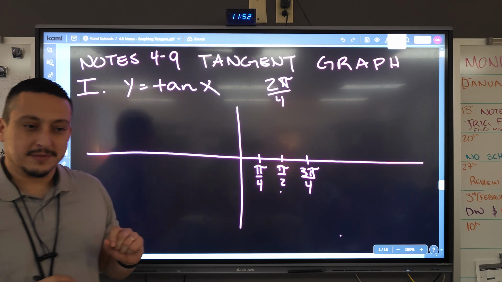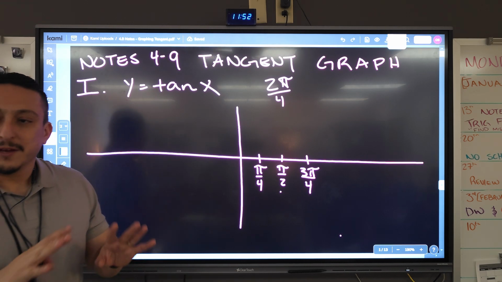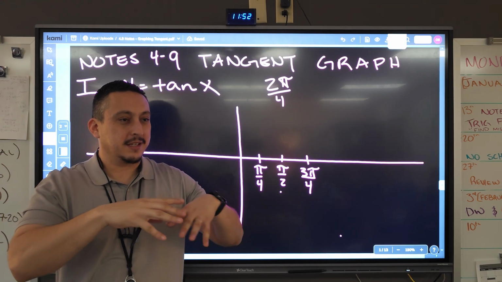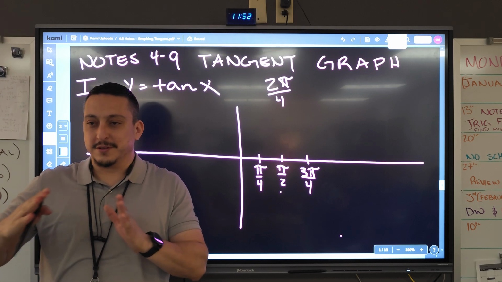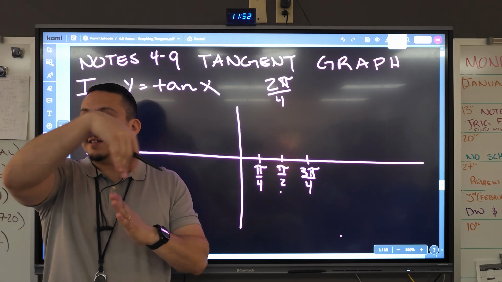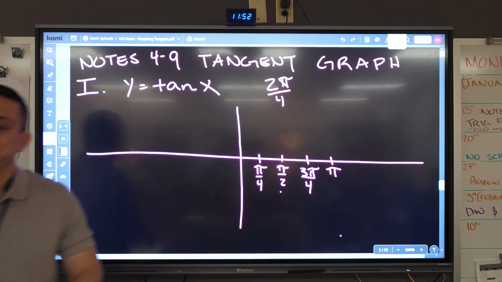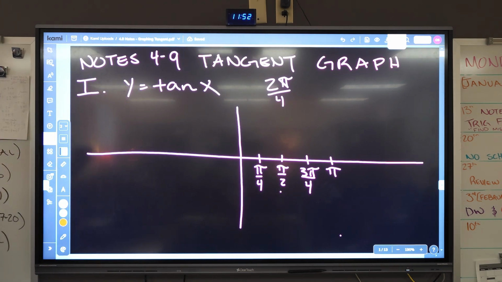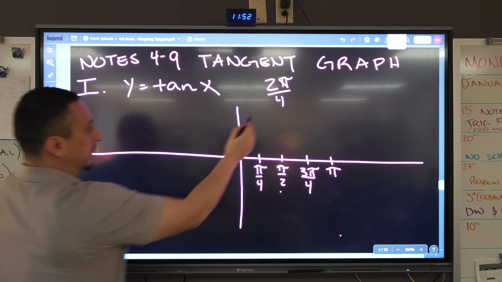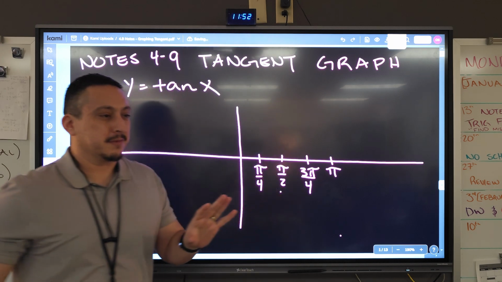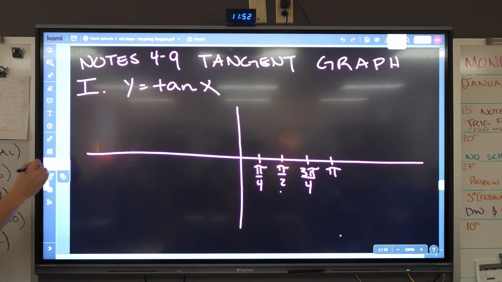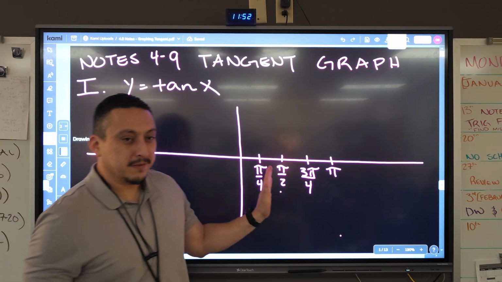Pi over 2. That's why we write pi over 2. What would be 4/4? Think of a real pie at Walmart. 4/4 of a pizza would be a whole pizza. You can use the unit circle, 100%. I'm just showing you so it makes more sense to you. Each one of these is a fourth.